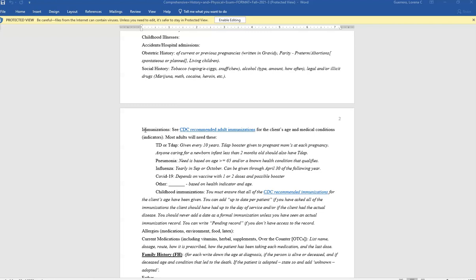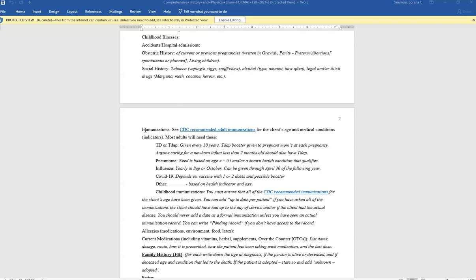so that according to the patient's age and also any disease processes that they may have, there are certain recommended immunizations that will be ordered by the physician, or provider, I should say.